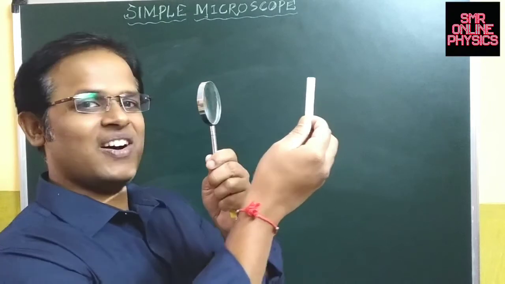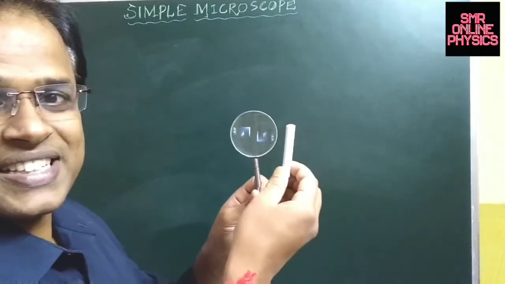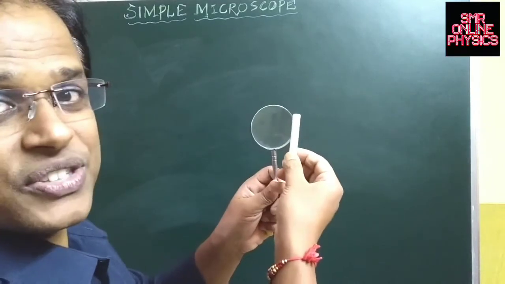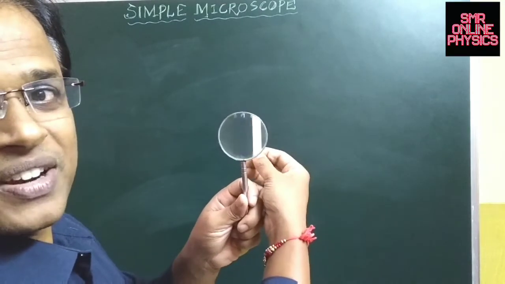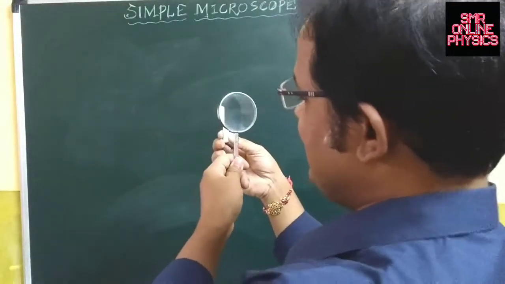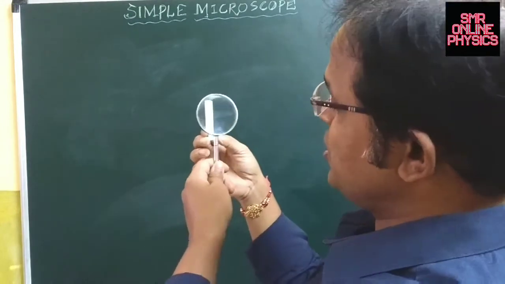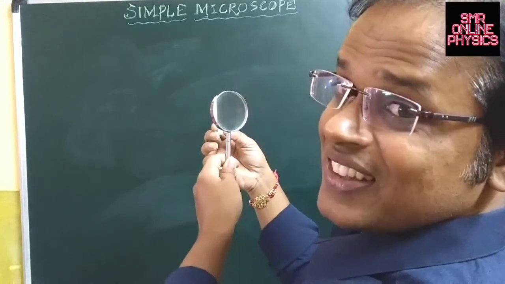The image has gone magnified. I think you people can also see that, if you see it from your point of view. Yes, that is correct. You'll get to see a magnified image. You can always try that.